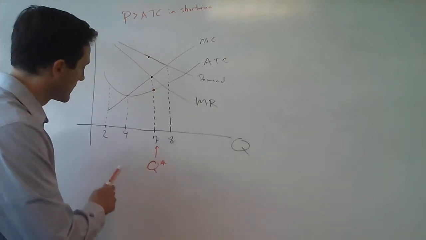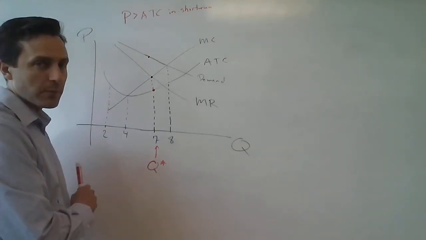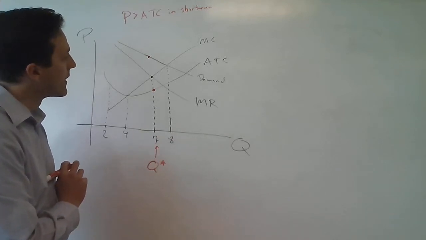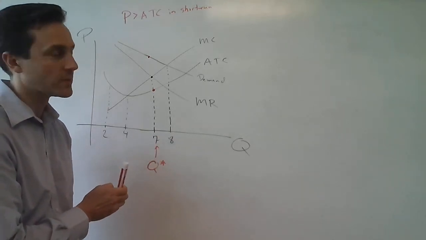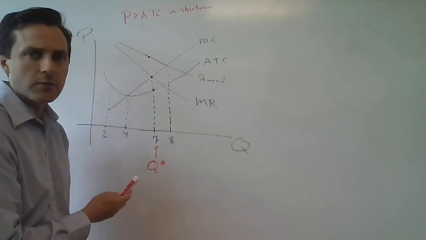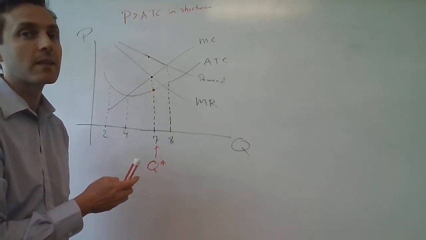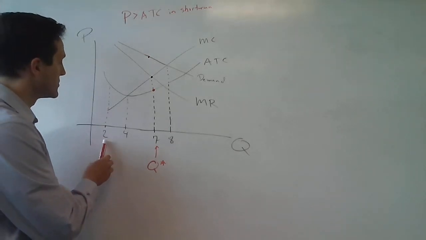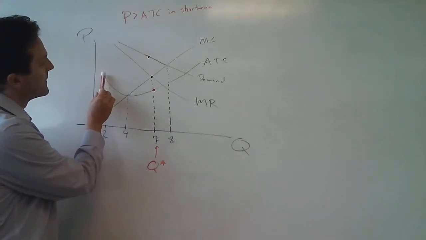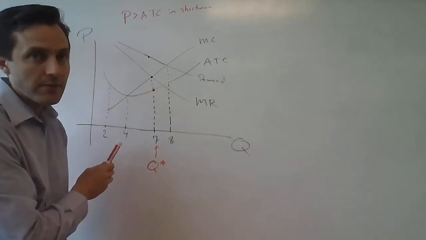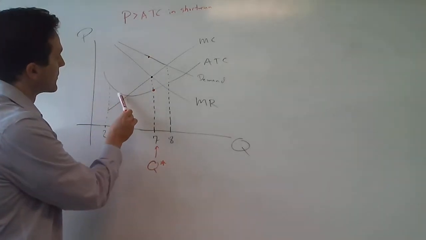And so looking at these 4 quantities that are labeled here, we have 2, 4, 7, and 8. The only one where it's actually possible that it could be the optimal quantity in the long run is 2. The reason is that 2 is the only labeled quantity where the average total cost curve is downward sloping.